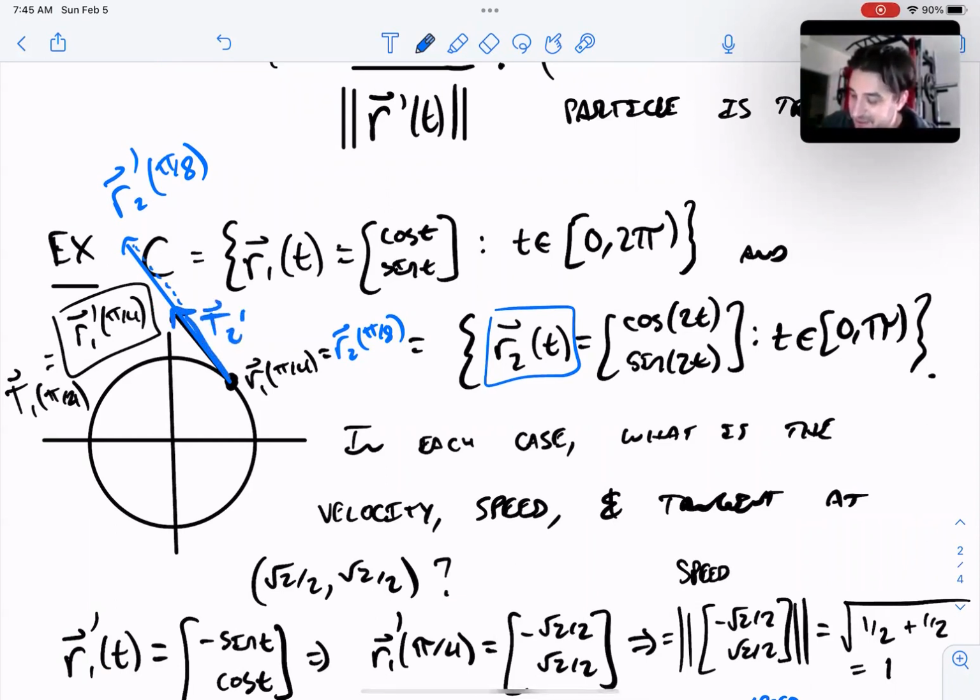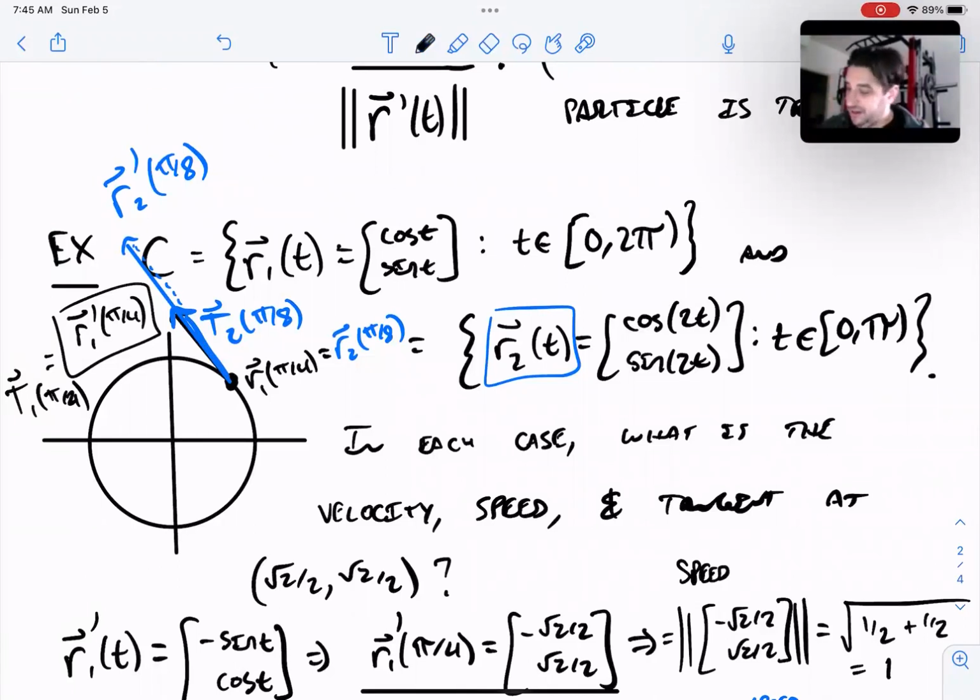And that would be your t2 of pi over 8, right? So the r1 prime didn't get shrunk at all. It was already magnitude 1. The r2 prime was double the magnitude, so that got shrunk by a factor of 2 down to this tangent vector t2.